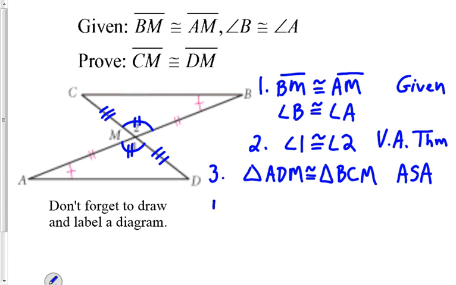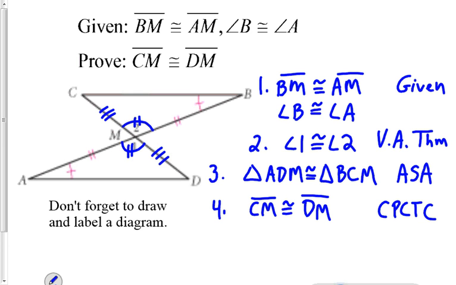So step 4 in my proof is that segment CM is congruent to segment DM by CPCTC. And so there's our first look at how CPCTC, corresponding parts of congruent triangles are congruent, can be used in a proof.